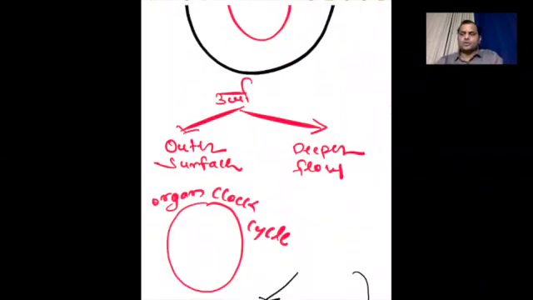The outer level is called the organ clock cycle. What is the organ clock cycle? It is under the rule of cosmic energies.